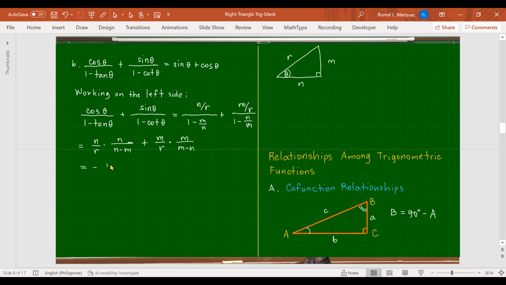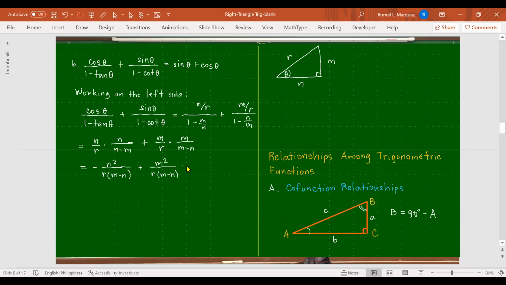So I get negative n squared over r multiplied by m minus n. So I multiply both the numerator and denominator by negative, so negative, then negative, so m minus n. So plus m squared all over r times m minus n.